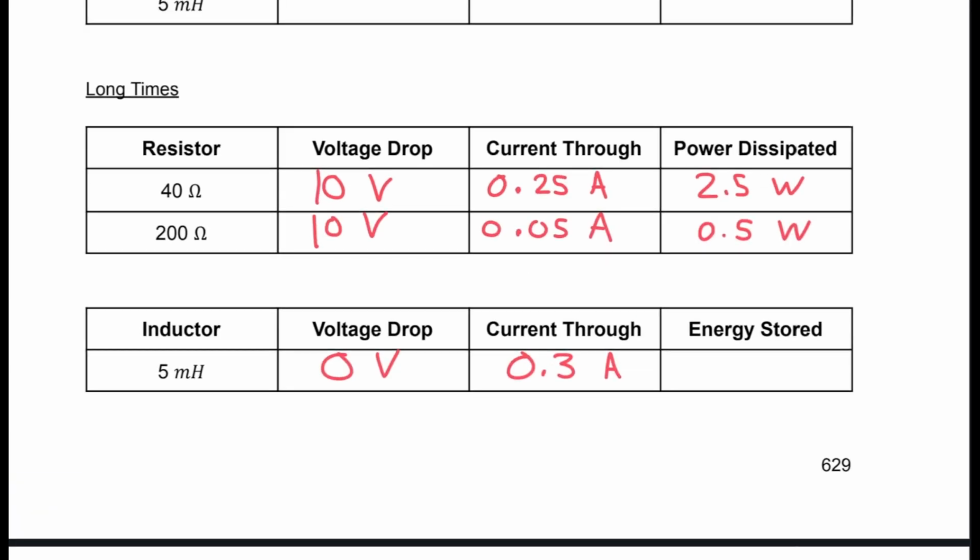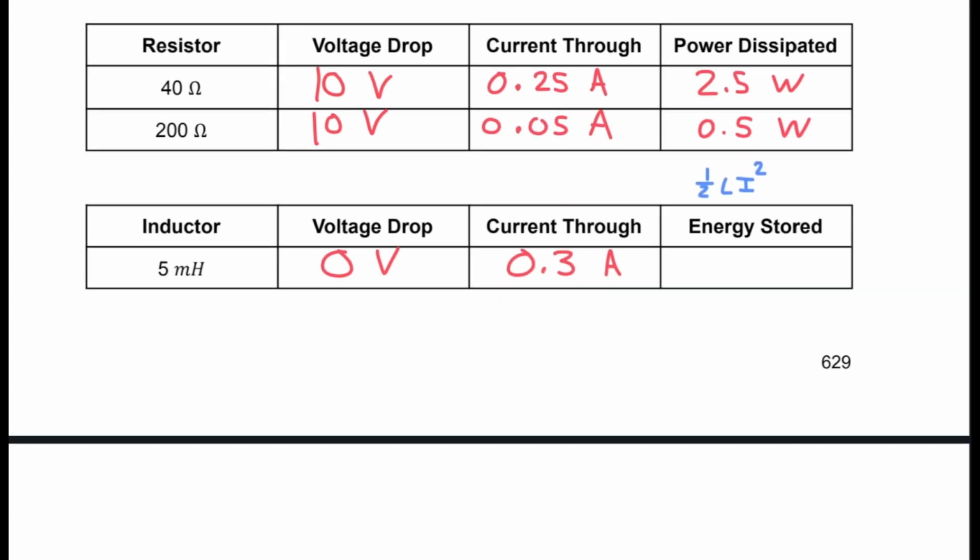And then just computing the energy stored via 1/2 L i squared. We just get 0.5 times 0.005 times 0.3 squared, which is 2.25 times 10 to the minus 4 joules.